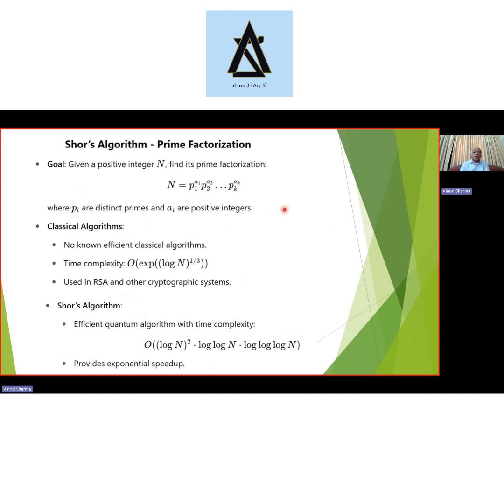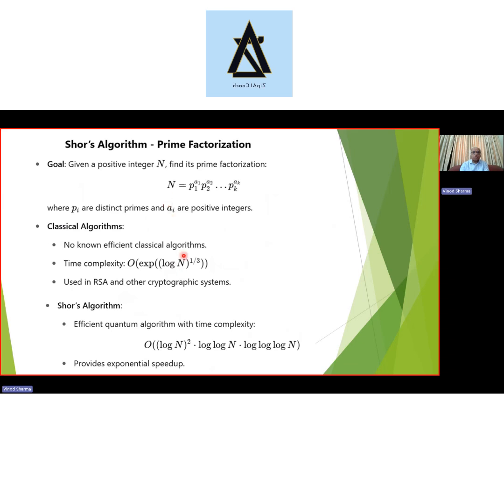Now, given a large number n, finding its prime factors is not, in principle, an easily computable thing. It's, in fact, intractable. No known efficient algorithms are available. The time complexity of getting the prime factorization above is O of exponential of (log n) raised to power 1 by 3. So roughly it is of the order of n.